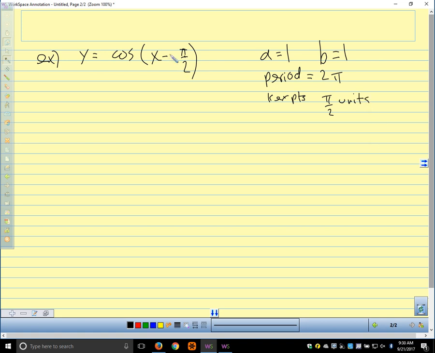And this x minus pi over 2, what does that do to our graph? Shifts it right pi over 2. So instead of starting our graph at 0, 0 or at 0, 1 like we would normally do for our cosine function, we're going to start it at x equals pi over 2. And it's nice that our key points and our shifts are in the same units. So now we can start labeling our axes. I'm going to label in terms of pi over 2.